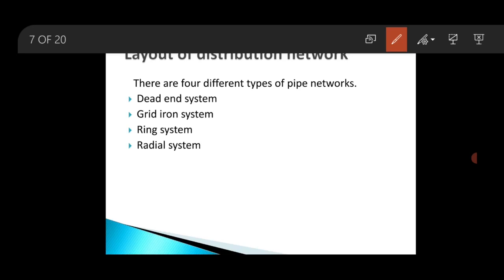So in general there are 4 different types of pipe network, any one of which, single or in combination, can be used at a particular place, depending upon the local condition and orientation of the road. So the systems are dead end system, gridiron system, ring system, radial system. First we will discuss the dead end system.